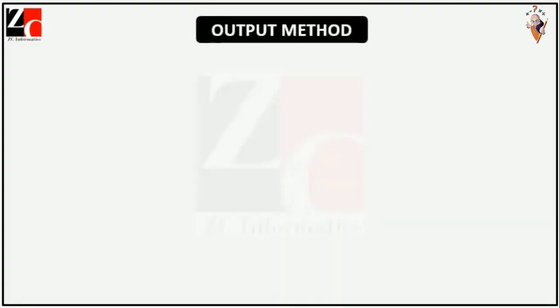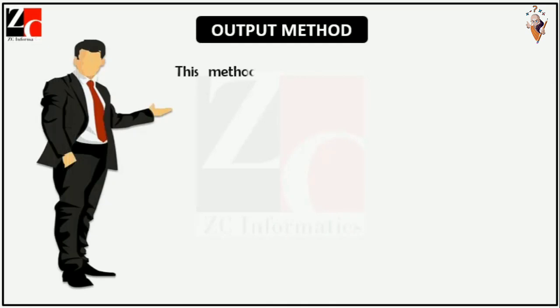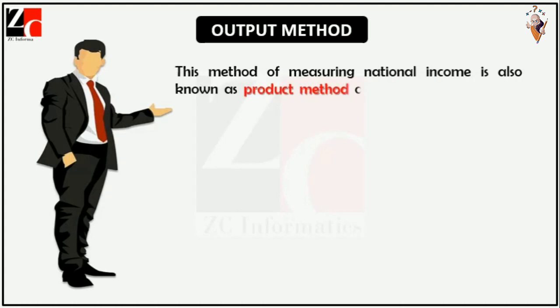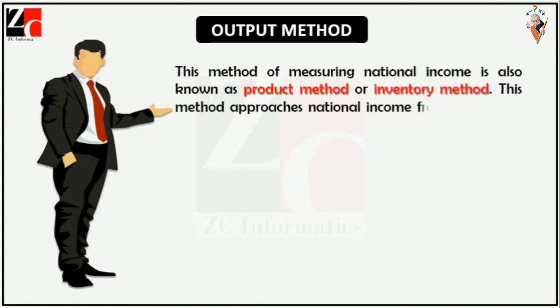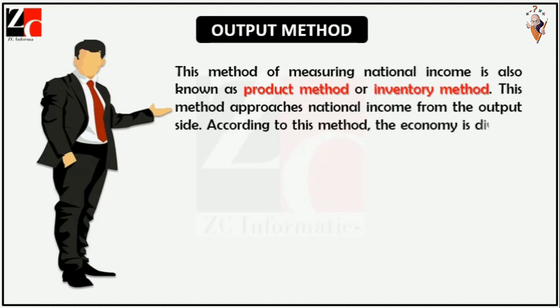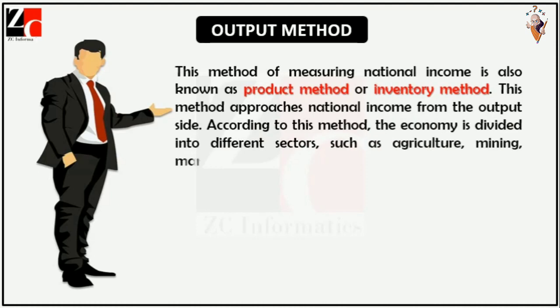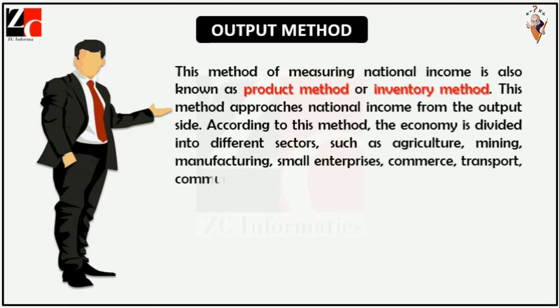Output method. This method of measuring national income is also known as product method or inventory method. This method approaches national income from the output side. According to this method, the economy is divided into different sectors such as agriculture, mining, manufacturing, small enterprises, commerce, transport, communication, and other services.